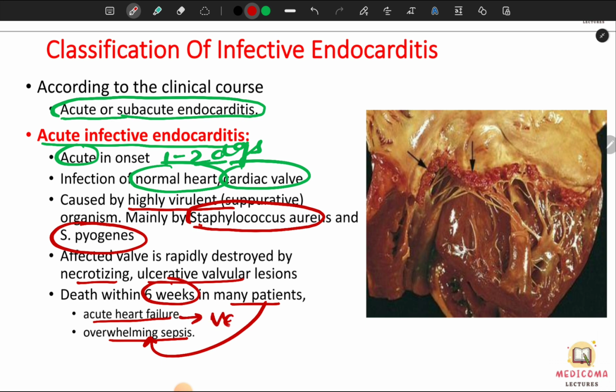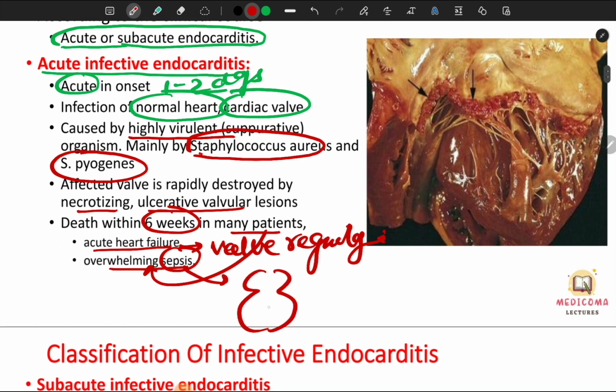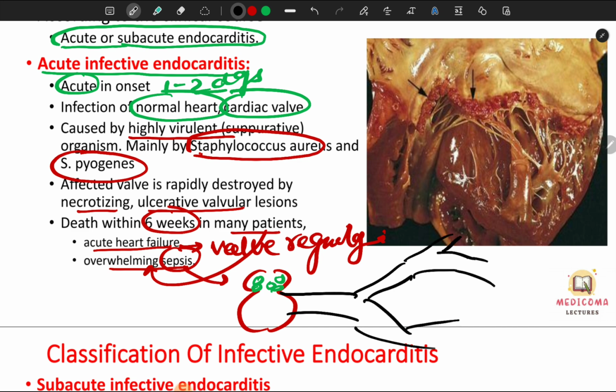And sepsis, because of the emboli and vegetations that form in the heart. These vegetations can spread to other body organs, leading to sepsis and infection of those organs. These are the reasons a patient can die.